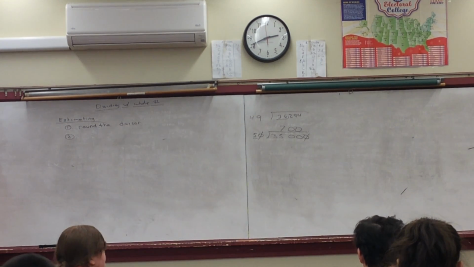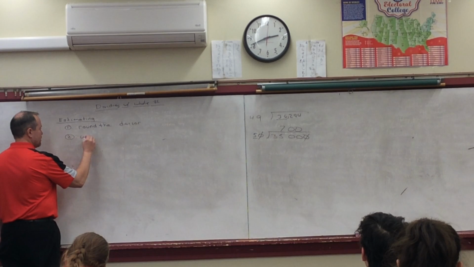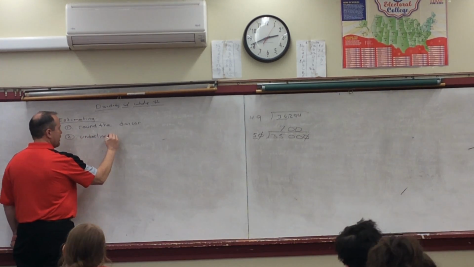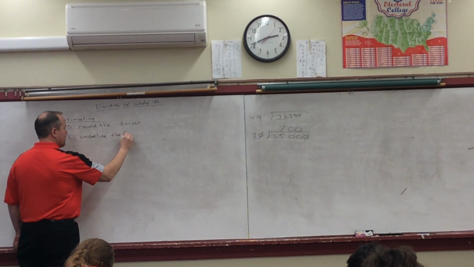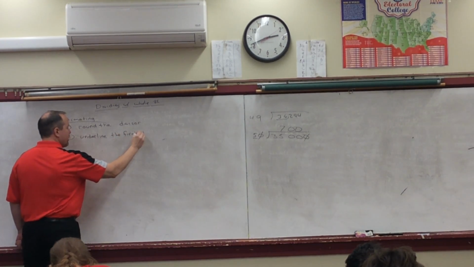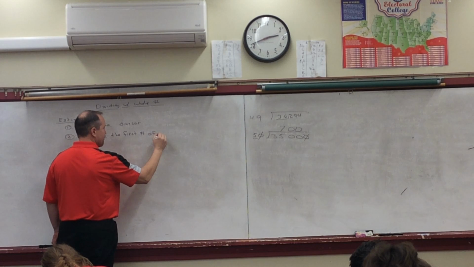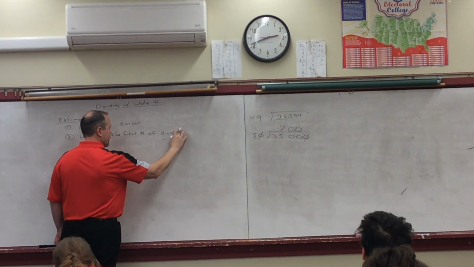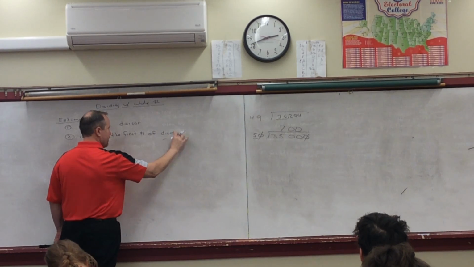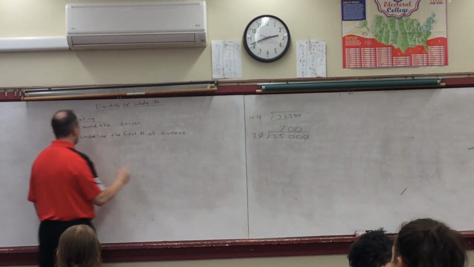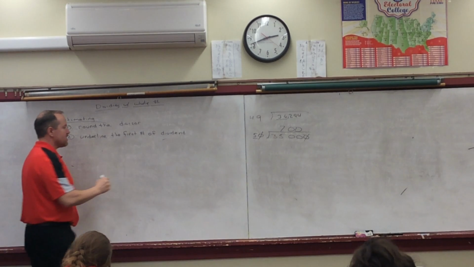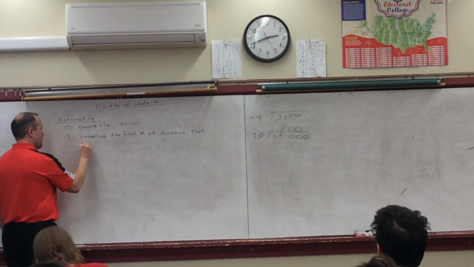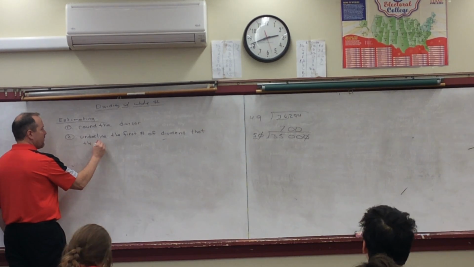So underline the first thing that the 5 goes into. Underline the first numbers of the dividend that the divisor goes into.